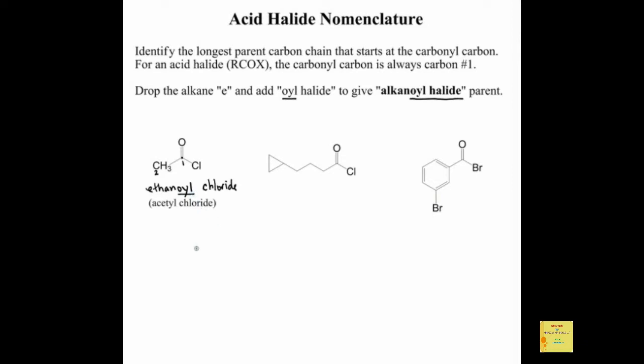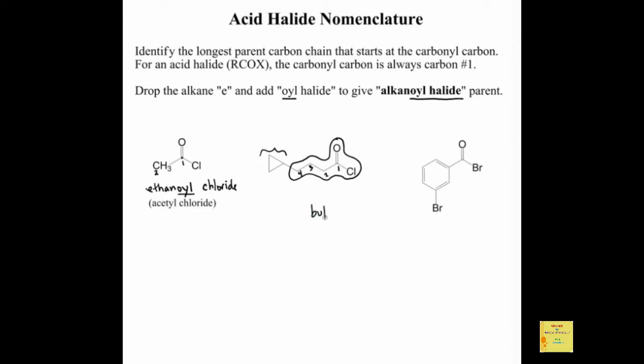Ethanoyl chloride. How about this one? What's our longest carbon chain? We can include the acid chloride if you want. There's our longest carbon chain. Be very careful when you have a cyclic substituent that you don't include the carbon of the ring as part of your carbon chain. You can't count it for both. Here it's the group that's attached to the carbon chain. So this is a 1, 2, 3, 4 carbon chain. So what is a 4-carbon acid chloride called?